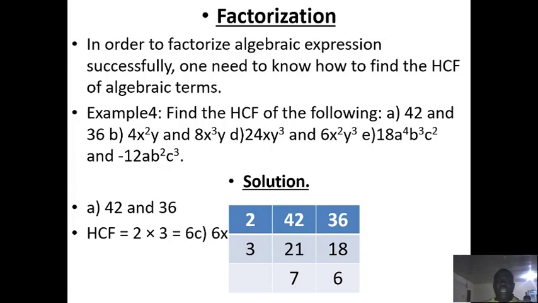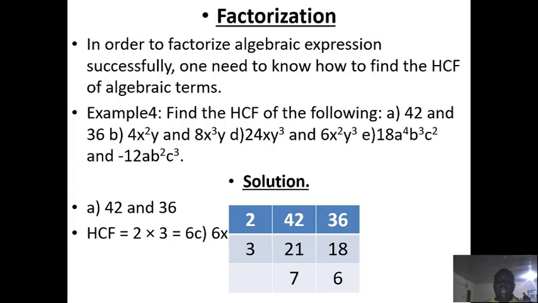Let us just look at it as the prime numbers that can divide through is the number we are going to use. So 2 can divide 42 and 2 can divide 36. So I use 2 to divide 42, I have 21, and I use 2 to divide 36, I have 18.